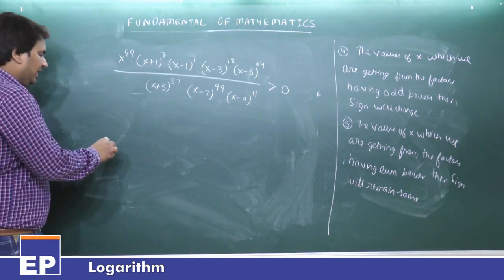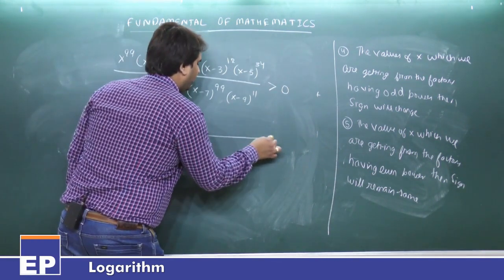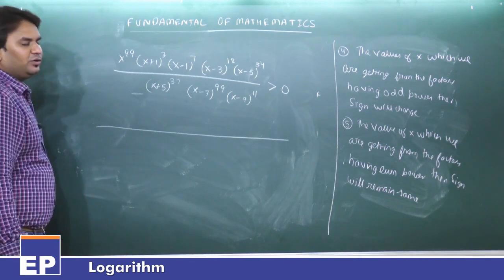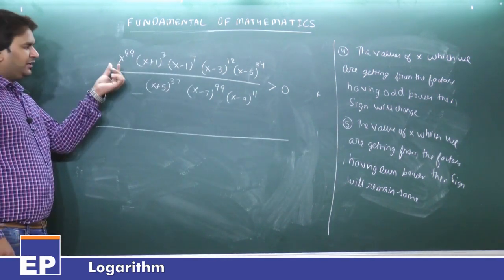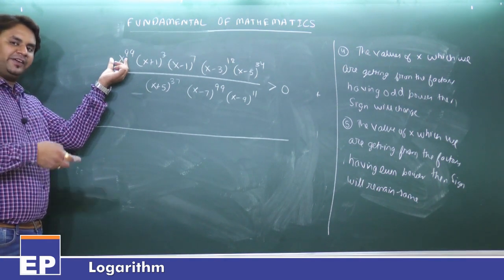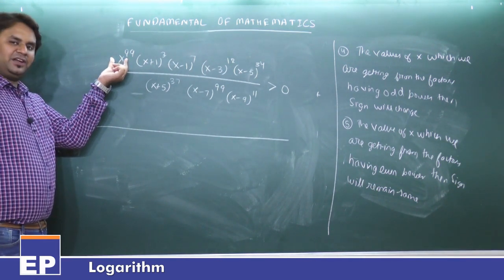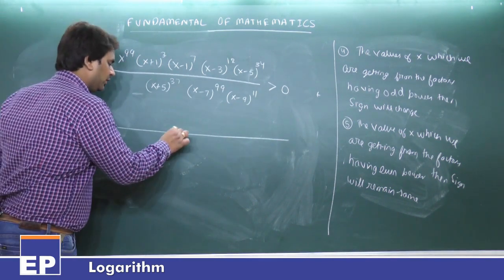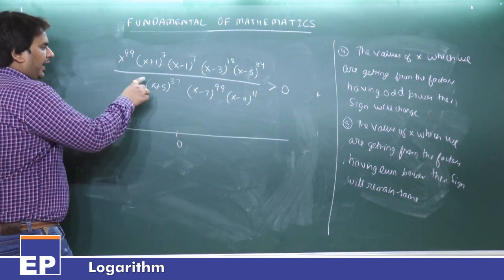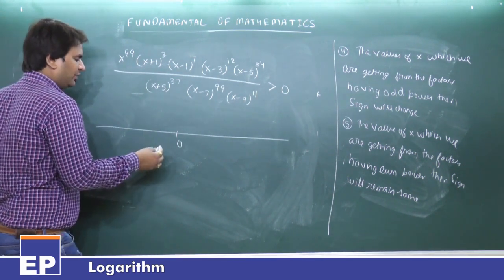Now you have to plot a number line and plot all the values of x on the number line. What is the value of x which we are getting from x to the power 99? This is also a factor, and make all the factors equal to 0. If you make this factor equal to 0, so what will happen? You will get x is equal to 0. X plus 1 is equal to 0, what will be the value of x?